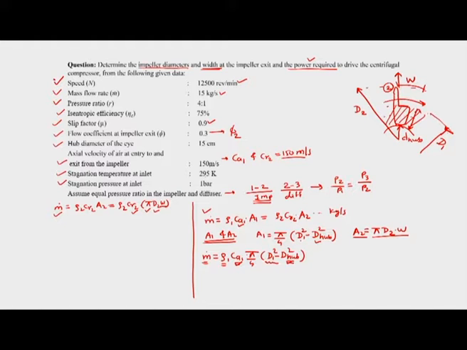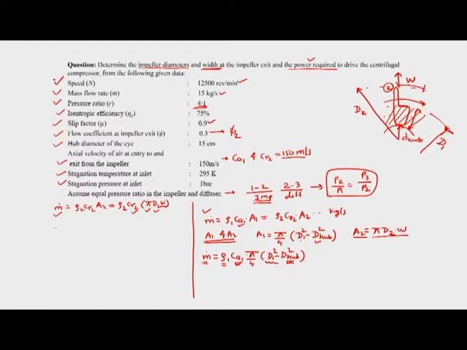D2 was found out in an earlier step where we had used U2 is equal to pi D2 n by 60, but before that we have to find out rho 2. To find out rho 2 we need pressure and temperature at 2. For that we will take help of this expression which is given as a constraint to us, which says that there is equal pressure rise in impeller and diffuser, and the pressure rise for the compressor is 4:1.